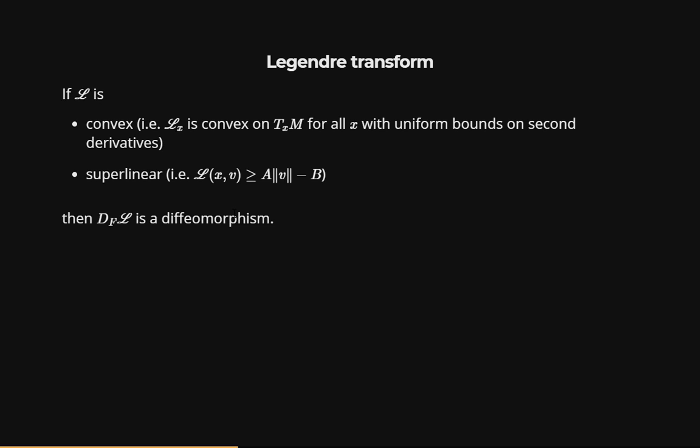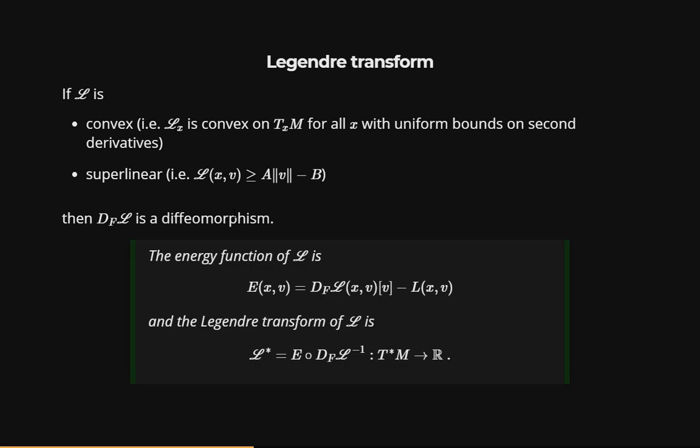In the case these two conditions hold, the function is invertible and the inverse is smooth. We need uniform bounds so that the inverse is smooth. But anyway, now we can give two definitions.